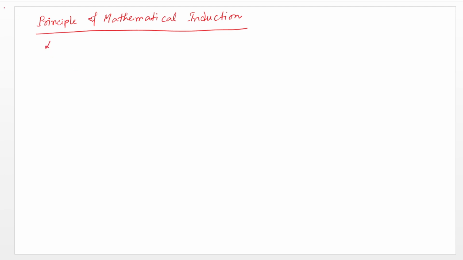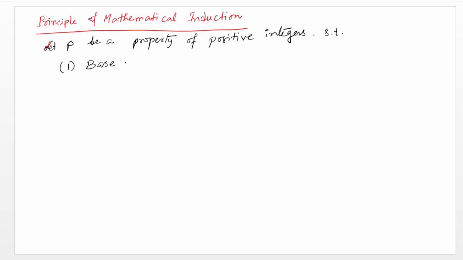Let P be a property of positive integers such that, one, what is the base case?